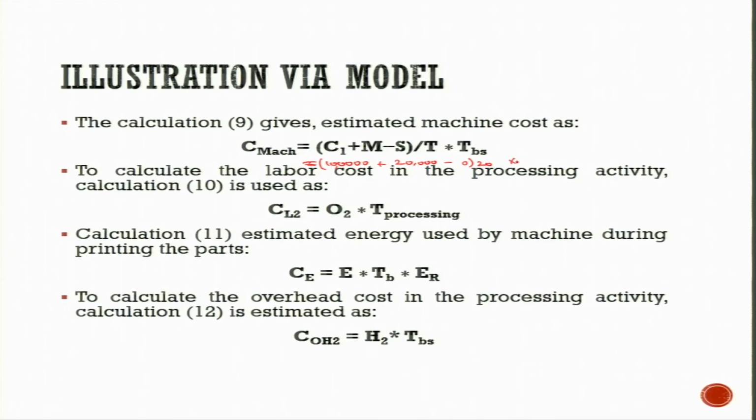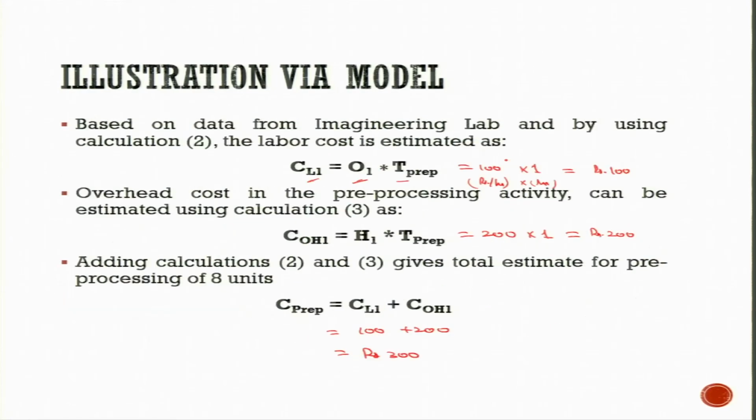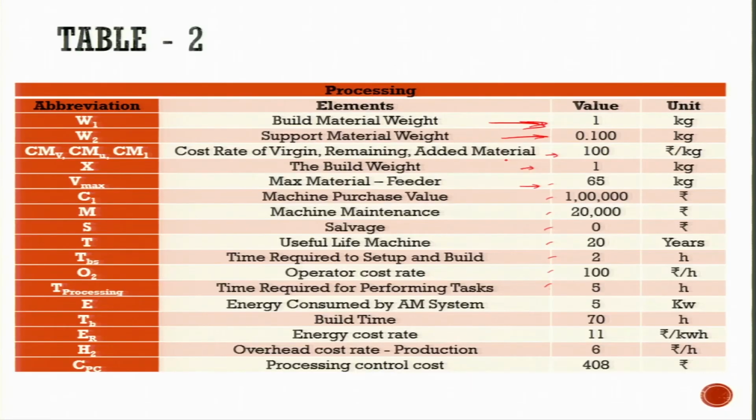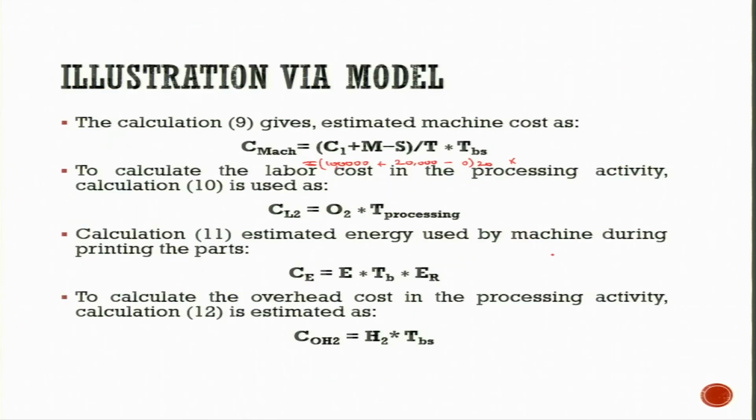So, this multiplied by the total build and the setup time. So, build and the setup time here is 2. Here this is given 2 into 2. This gives me this value as 12,000.